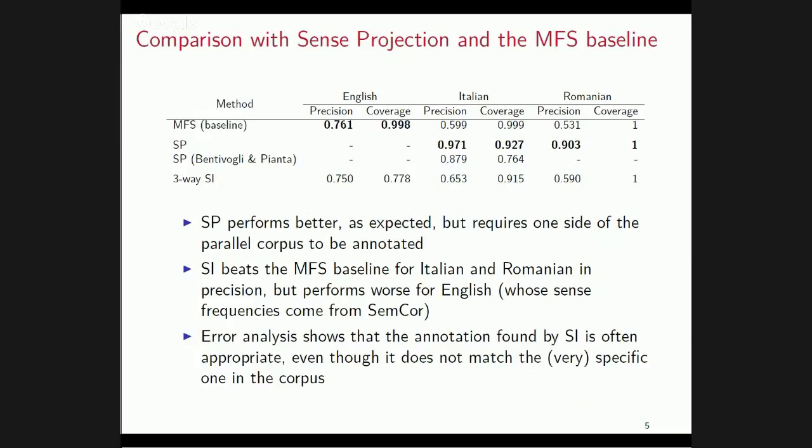We briefly compare with sense projection, the previous annotation method used in building the translations of SemCor, and with the most frequent sense baseline, which simply associates to each lemma its most frequent sense. Unfortunately, there is a bias in this corpus, because in WordNet, English senses are listed according to the sense frequency in SemCor.